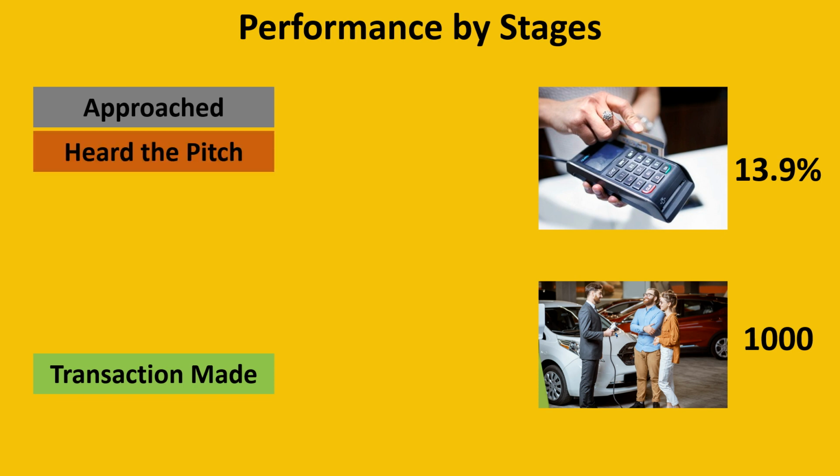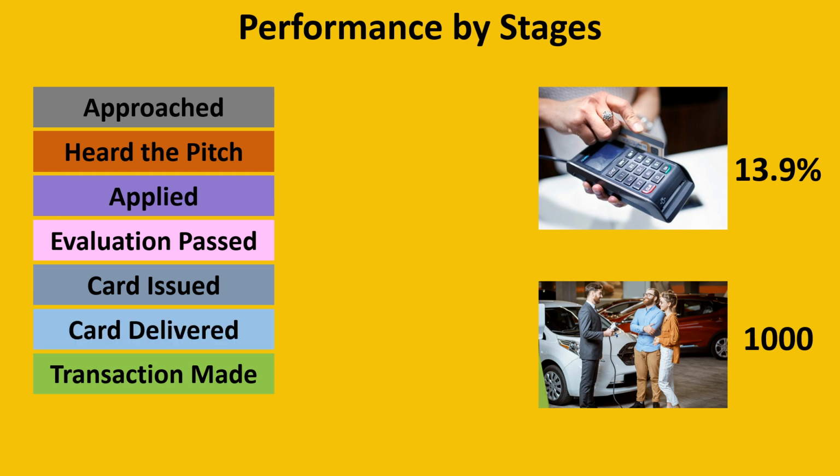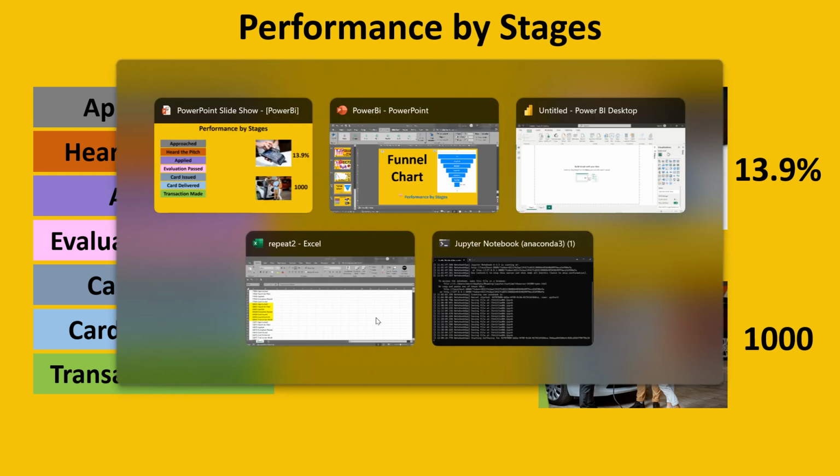After that, the customer hears the pitch of the salesperson, then he applies for the credit card, then his application is evaluated, and if it is passed, the card is issued to that customer, then the card is delivered to the customer, and then the customer makes the transaction on the credit card. So approximately 7 stages here we can study, and we can see how the sales has performed on each of these stages. So let me show you the data.